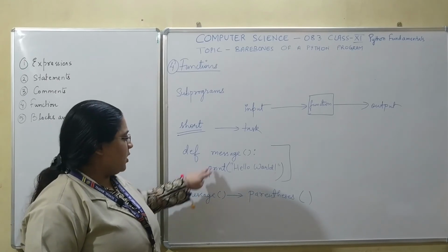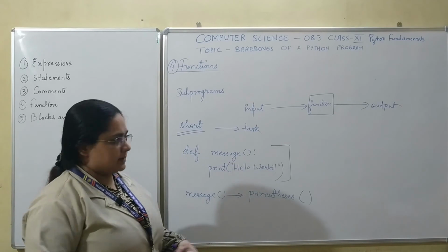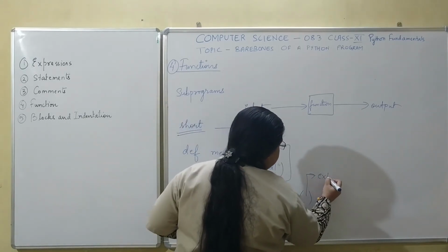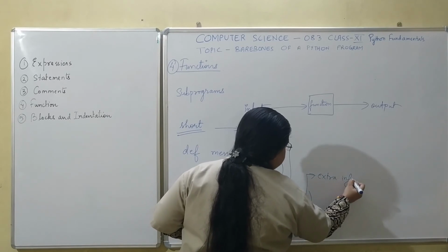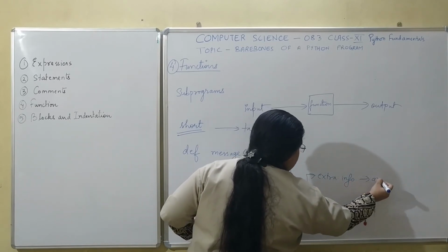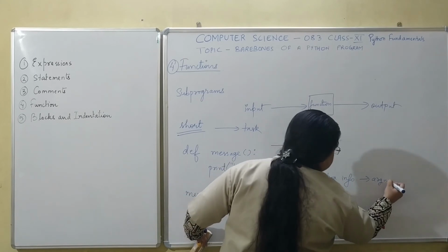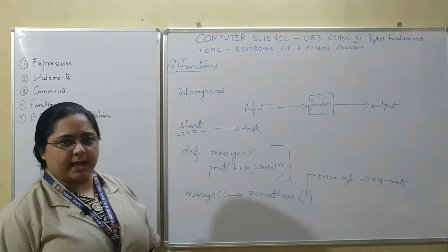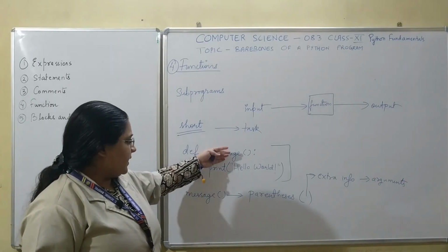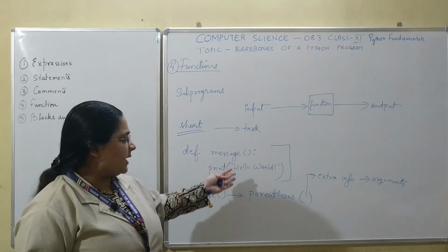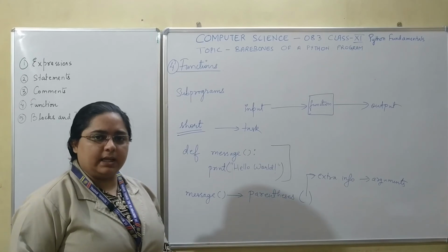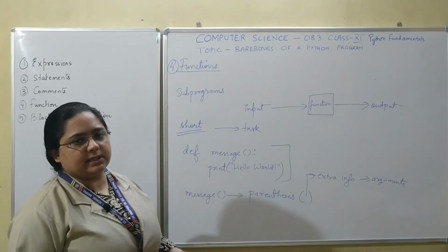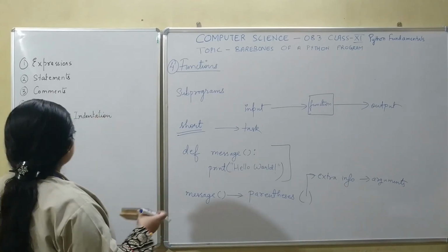This parenthesis is for supplying extra information in the form of arguments. Arguments are extra information which are supplied to your functions. The function would work on those arguments and it may or may not return any value. So these functions we would study in detail in the chapter on functions.